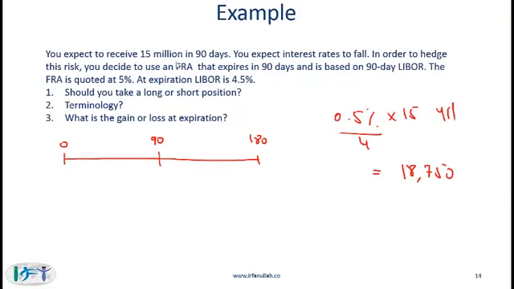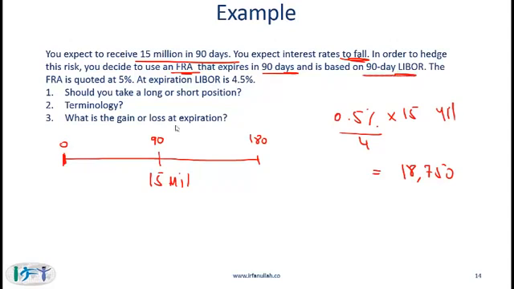You expect to receive 15 million in 90 days. So if this is time 0, you expect to receive 15 million over here, which you will invest, but you expect interest rates to fall. In order to hedge this risk, you decide to use an FRA that expires in 90 days and is based on 90-day LIBOR.